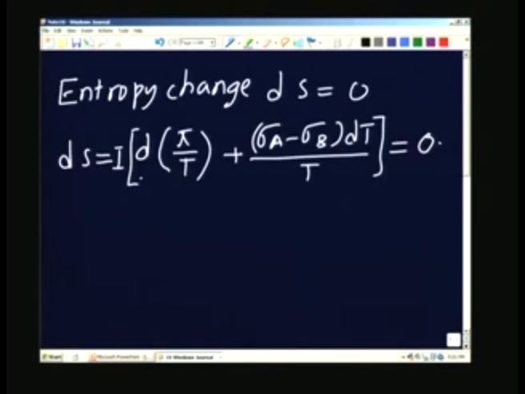This is because we have a junction at T and one at T plus delta T, pi divided by T and pi divided by T plus delta T, and the difference between these two is nothing but this quantity. So, that is how it comes out. Now there are two equations. I think this is equation number 9.